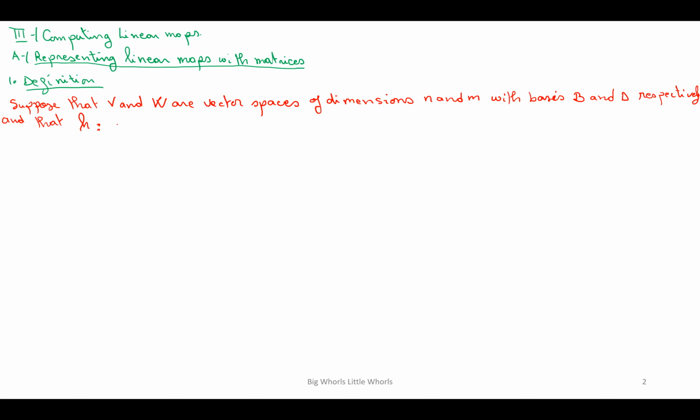Homomorphism is the same as a linear map, defined from V to W. So this is going to be a very long definition.